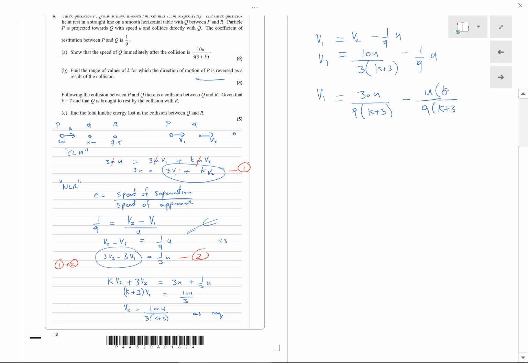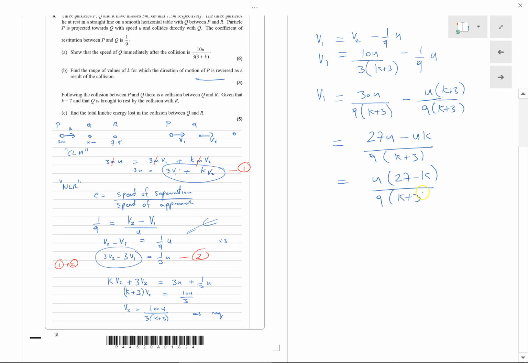And of course I need a K plus 3 on the top there. So if I multiply all that out, I get 27U on the top minus UK, over 9(K plus 3). So U(27 minus K) over 9(K plus 3).